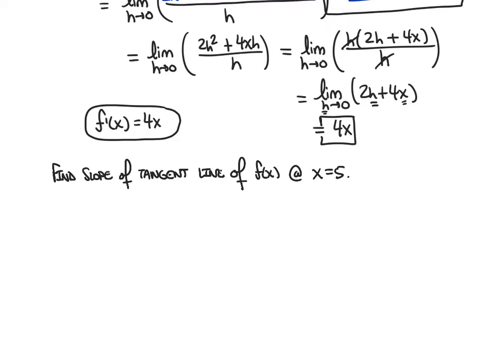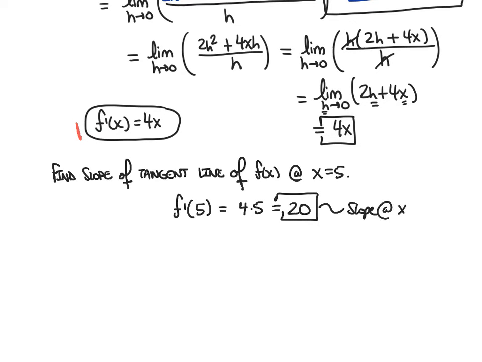Okay, well, we know that this derivative represents the slope of the tangent line at any point x. So to answer this question, all we need to do is take the derivative, evaluate it at 5, and I know that this is going to be my slope. All right, and that's how we can use the derivative to our advantage when dealing with tangent lines.